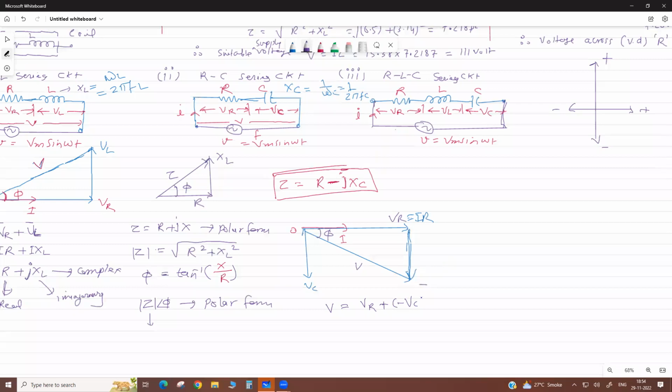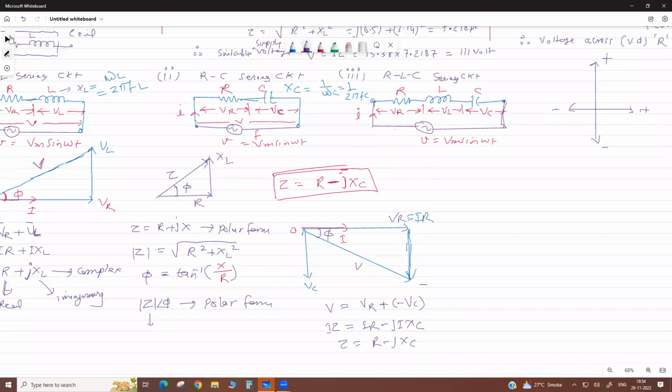That's why we put minus VC. In vector sum, V equals IR minus jIXC, which is IZ. The I cancels, so Z equals R minus jXC.